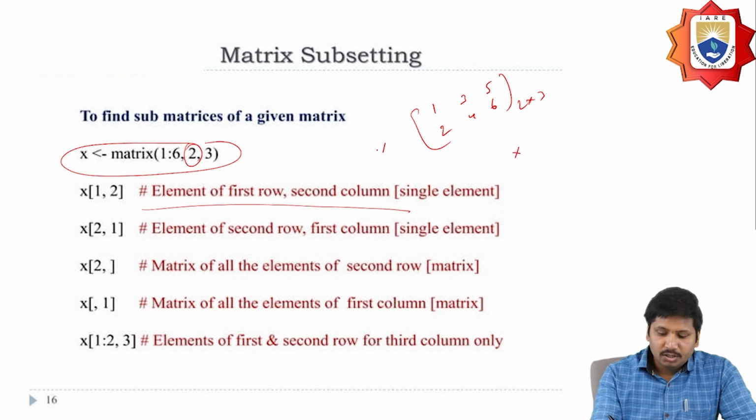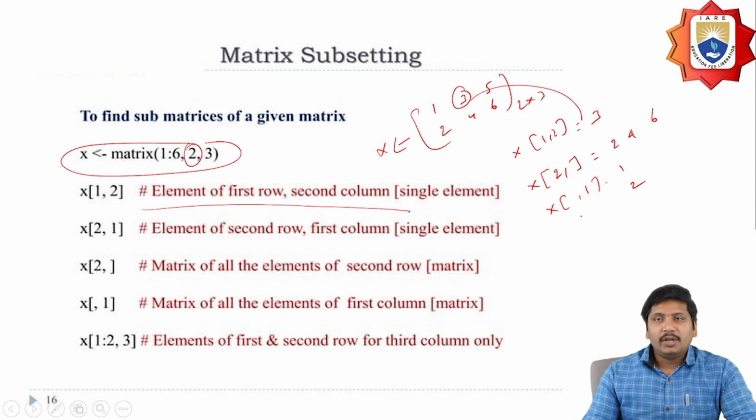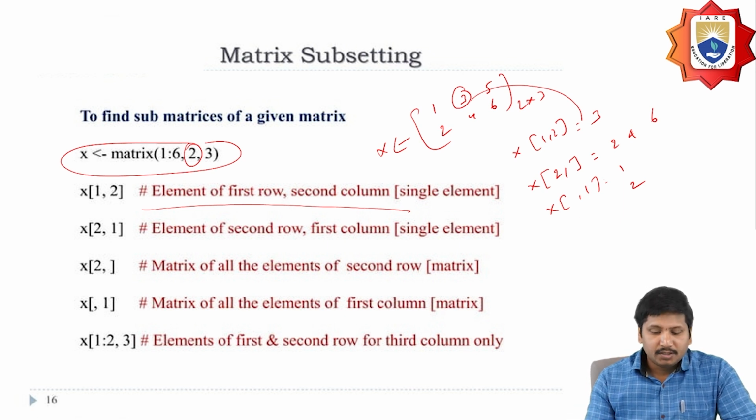So this is the x matrix, and x of 1 comma 2 gives the value in the first row and second column. Suppose I specify x comma 2, I get the values 2, 4, 6. If I write 1, only column 1, so 1, 2. Like this I can extract some part of the values of the matrix in our programming by making use of these indexes.